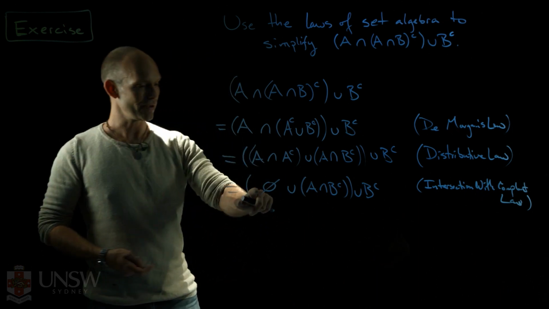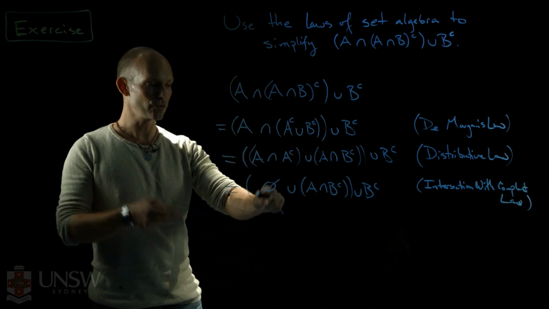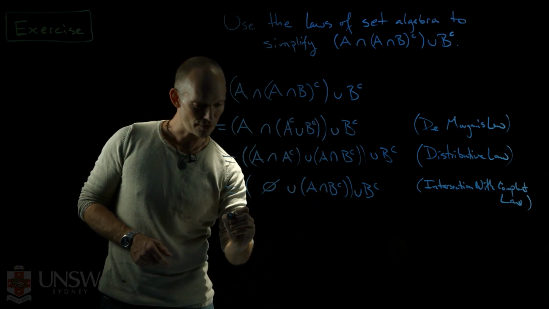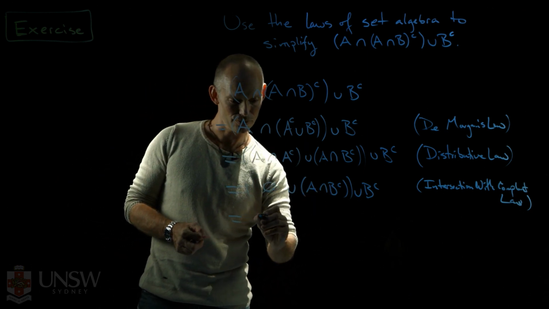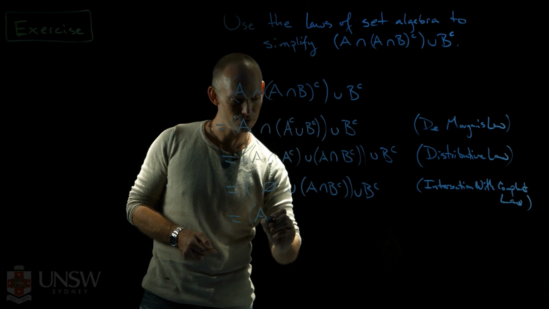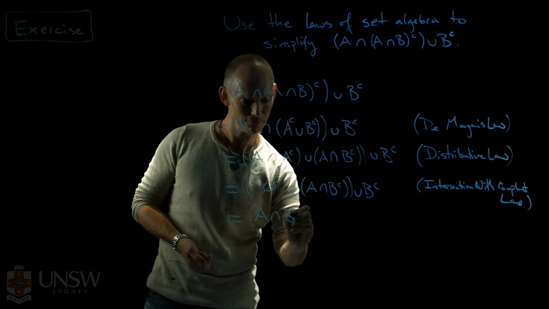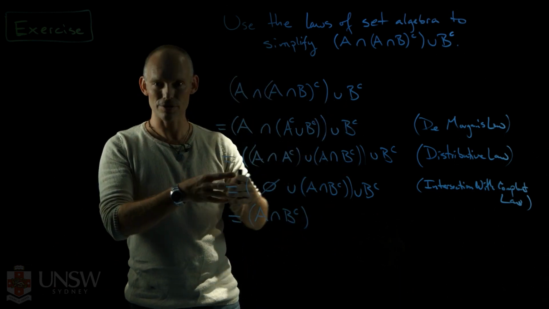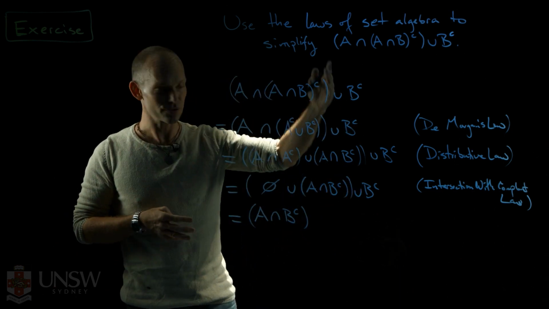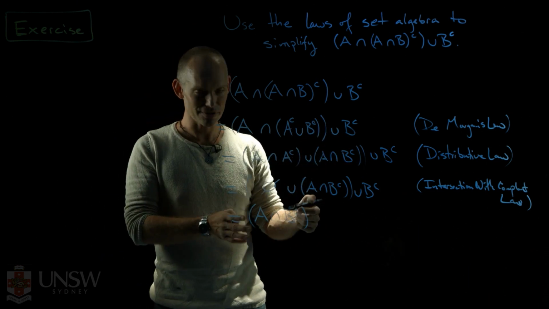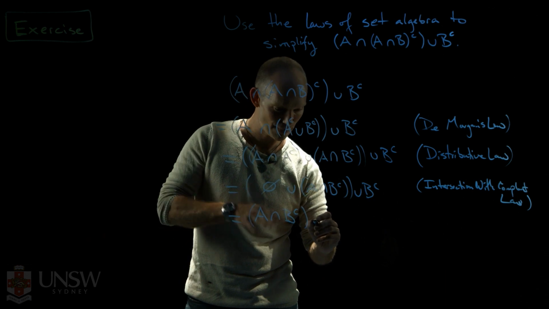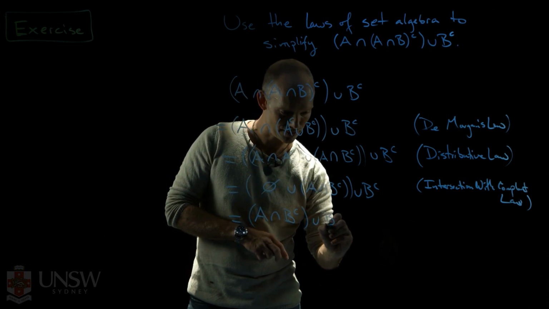Okay, now here we have the empty set unioned with some other set. That's just that other set. That's by the identity law. So this all collapses down to this expression here. And we can see that first we expanded the expression and it got worse and worse, not simpler as we were trying to do, but eventually we are getting something simpler when everything falls and steadies at the end.